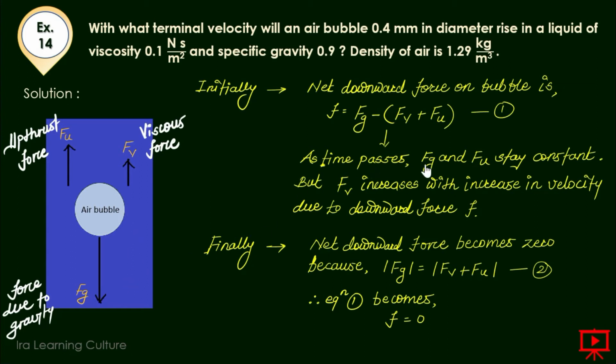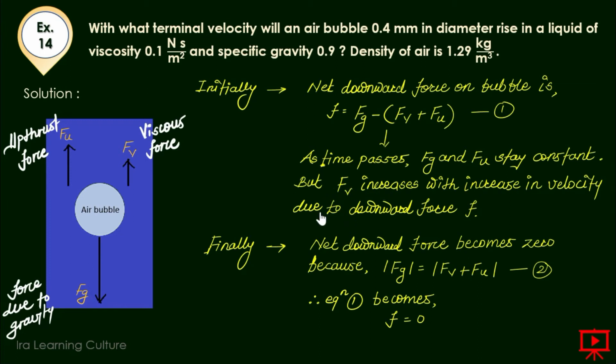As time passes, Fg and Fu stay constant, but Fv increases with the increase in velocity. Here the velocity of this bubble will increase because of the existence of a non-zero net downward force, and because of the increase in velocity, Fv will also increase.